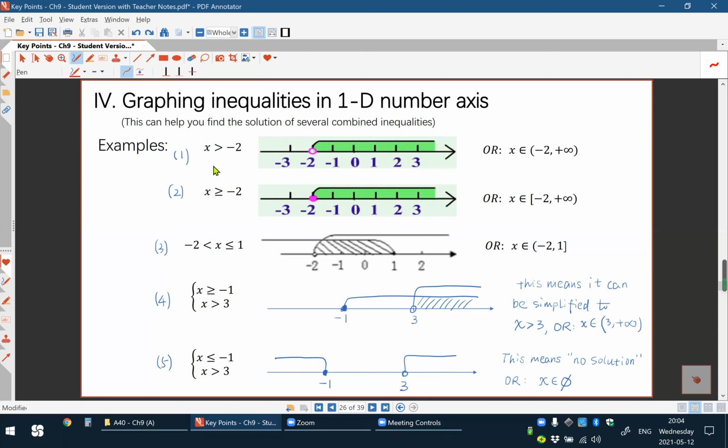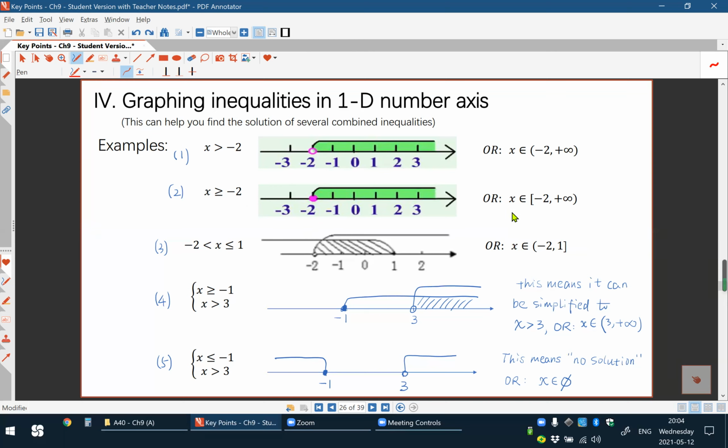So what is the difference between the first one and second one? The difference is that the first one means x is strictly above -2, right? And x cannot be equal to -2. But in the second one, x can be -2. So that means we need to use a dot instead of a circle, right? The dot here means x can be the point here, okay? x can be any point, including -2, or any value that is above -2, okay?